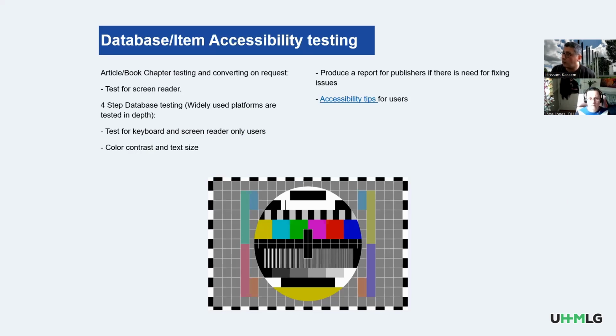So we test all these elements and make sure that if it's fine, again, great, we don't need to do anything. Sometimes the database itself is accessible, but the final materials they need to read, the articles, are not accessible, then we will highlight that to the module team, and we think about alternatives.